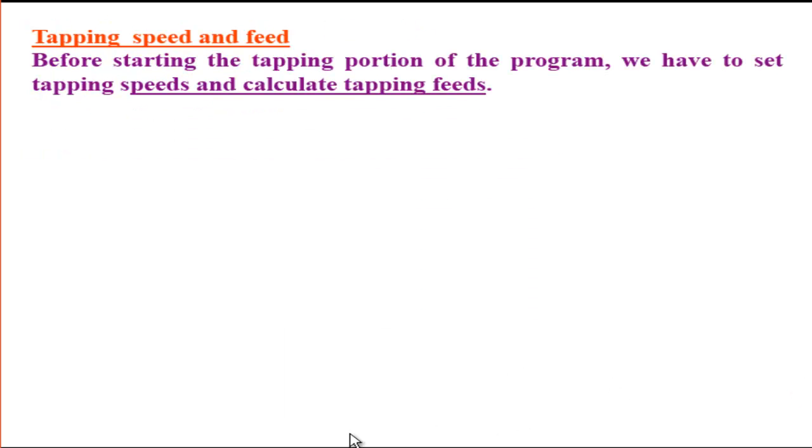Before we start creating this program, or writing this G-code program, we have to know the tapping speed and accordingly calculate the tapping feed. Tapping speed is based on the tool and workpiece material and the thread configuration. Assuming that we have this type of tap, 1/2-13. What does it mean?